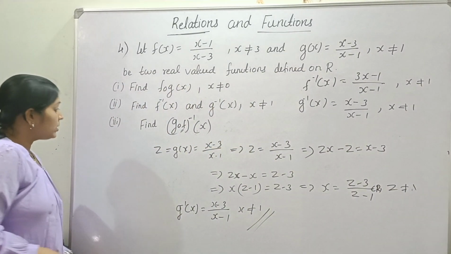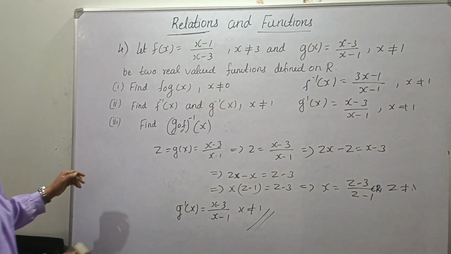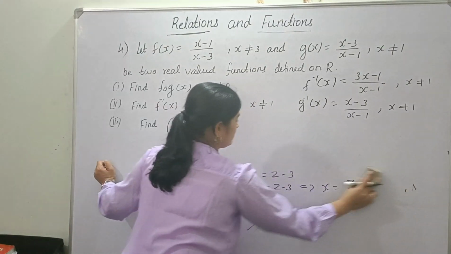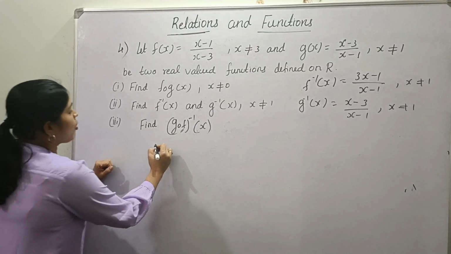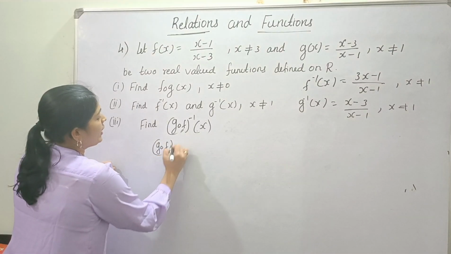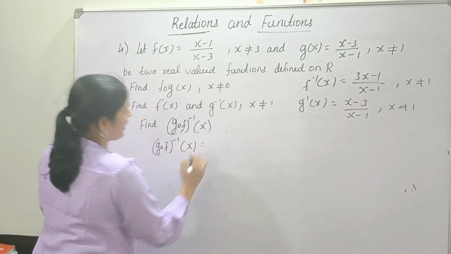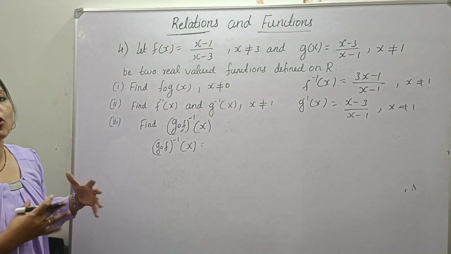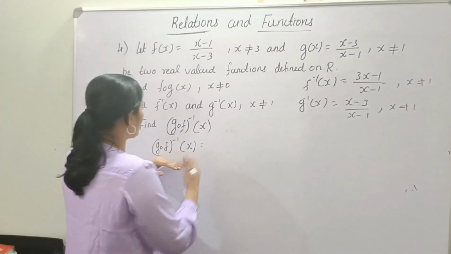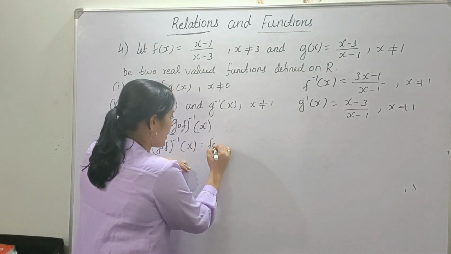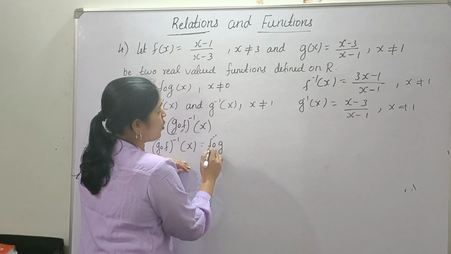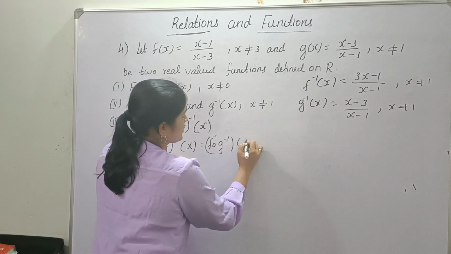Okay. Now let us find the third one, inverse of g composite f, that is (g∘f) inverse of x. Now let us see how to find it. Inverse of g composite f is nothing but f inverse composite g inverse of x.